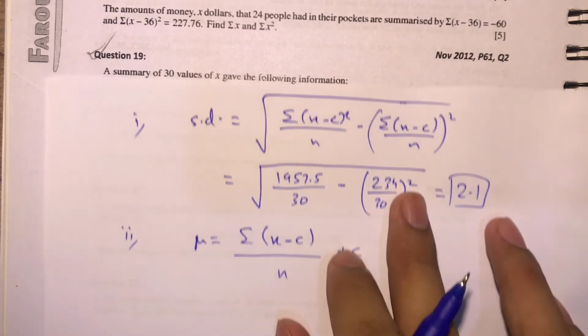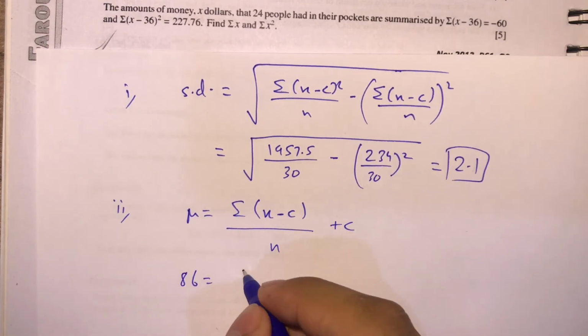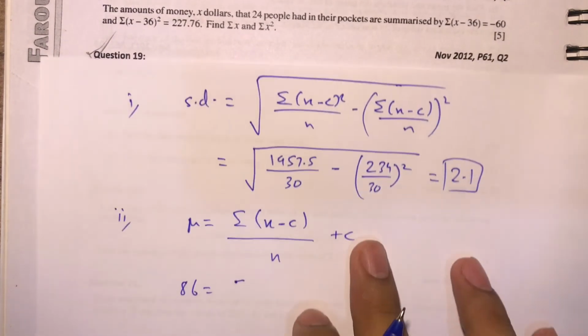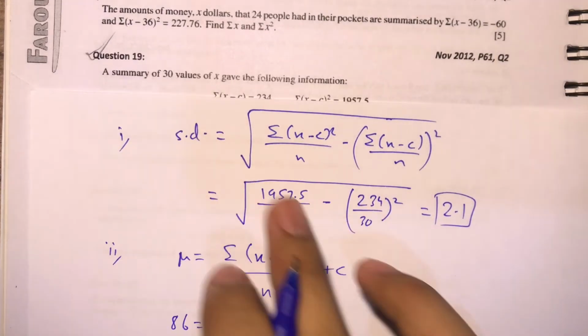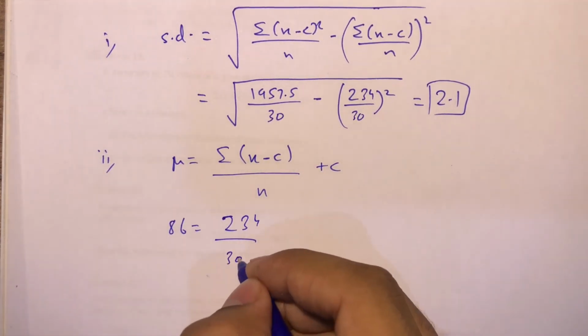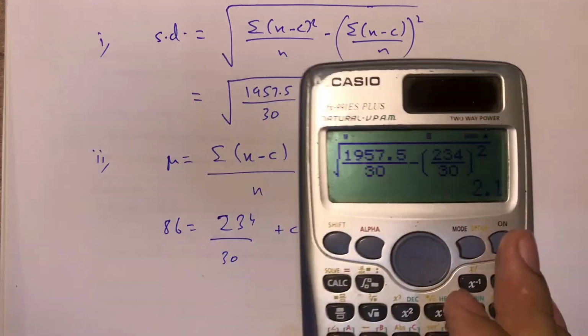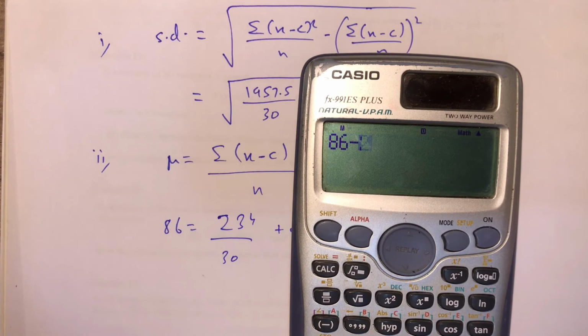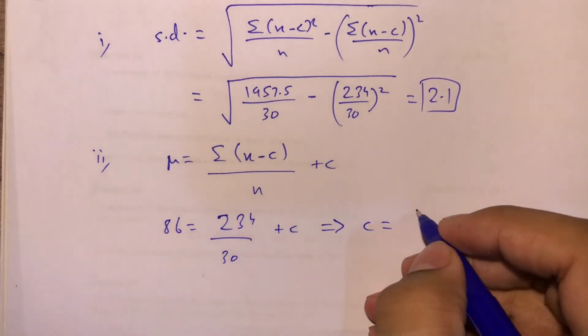Mean is given as 86. Sigma (x minus c) is given as 234. n is 30, plus c. So c is equal to 86 minus 234 upon 30. That is 78.2.